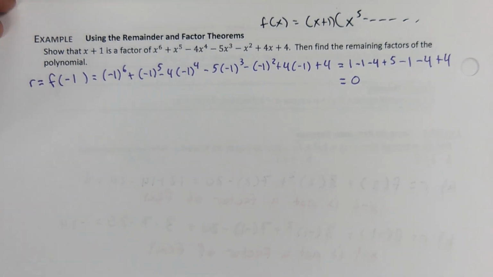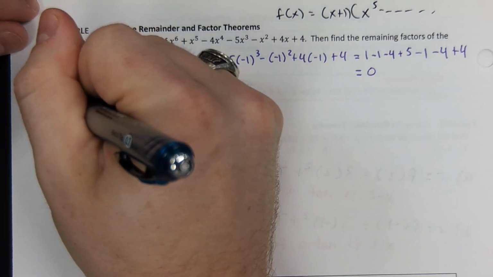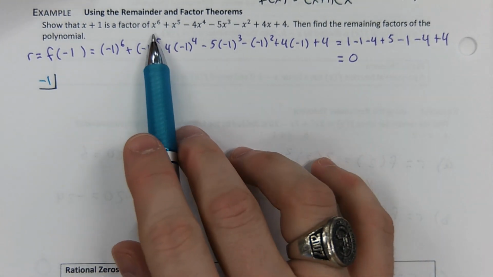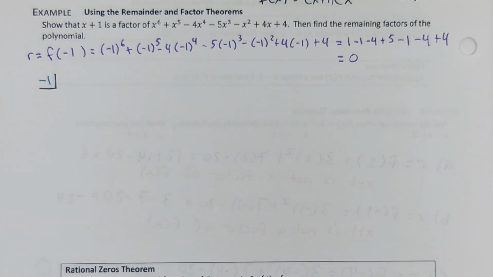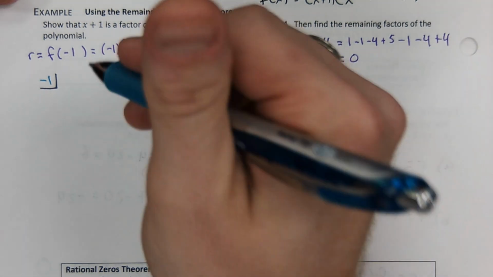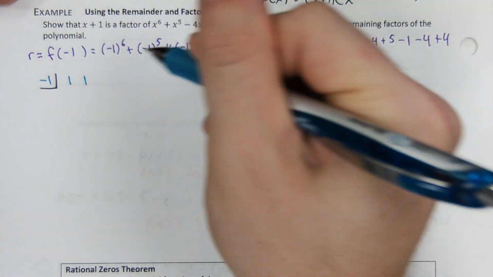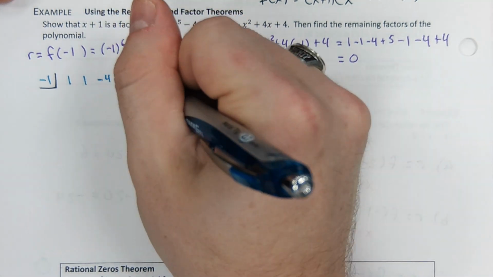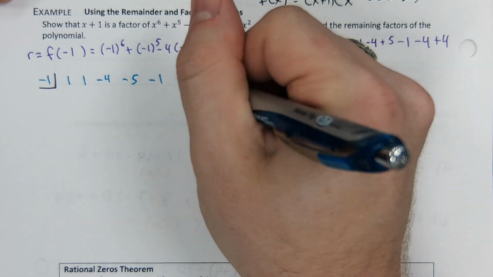Synthetic division to the rescue. And also, make sure you don't have any gaps in the polynomial. X to the 6, 5, 4, 3, 2, 1, no gaps. Remember, if you have a gap, you have to hold that position open with a 0. So my numbers are going to be 1, 1, using the coefficients here, negative 4, negative 5, negative 1, 4, 4.